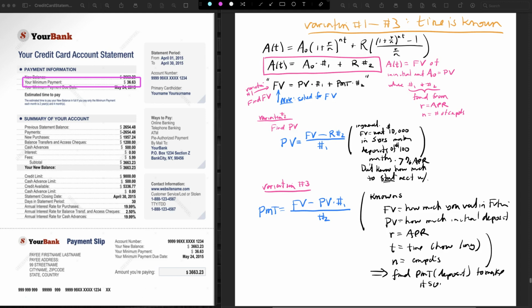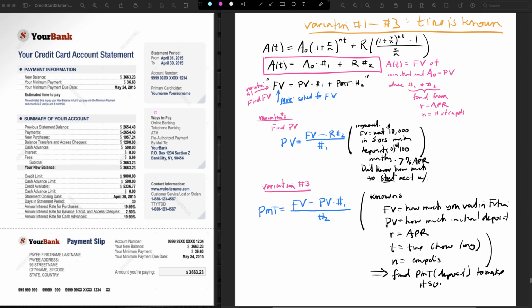Okay, let's notice that we have some information in this problem that we've been given: the days in a statement period. So typically we've been assuming n is equal to 12. That's our number of compoundings.